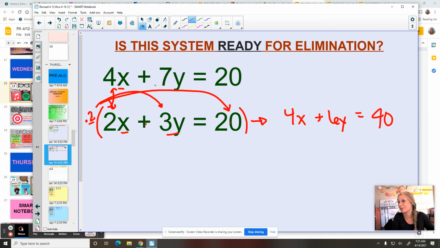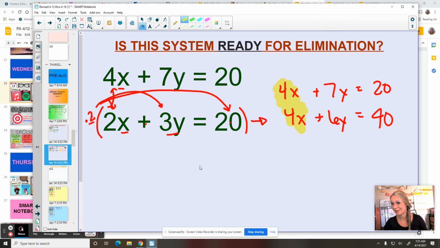Now I didn't do anything to my top equation, so I just rewrite it right on top. Now, do you have variables that are ready to eliminate? Take a look. You have 4x and 4x. Now these match, and you can go through and solve by elimination like you know how to do. That is what we're going to be working with today.